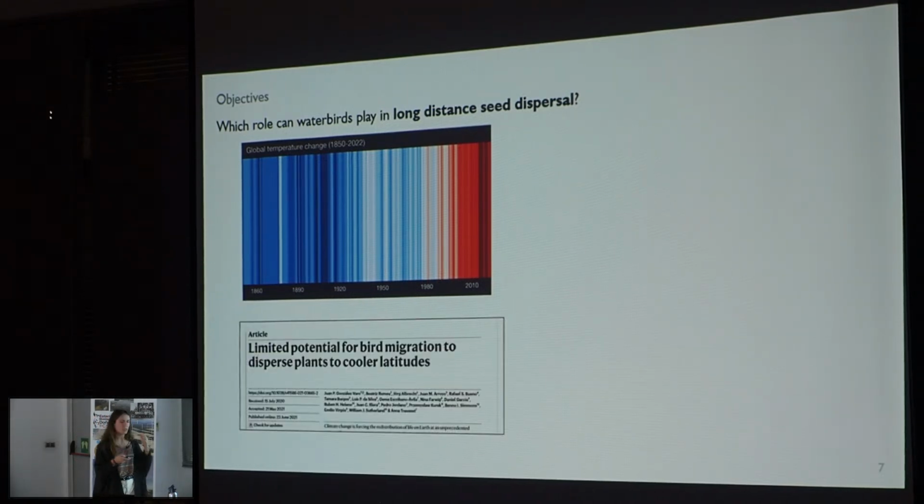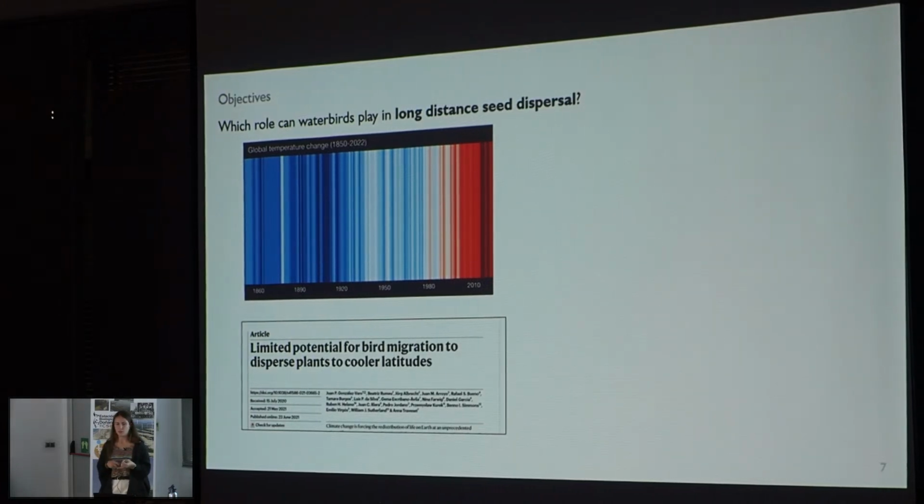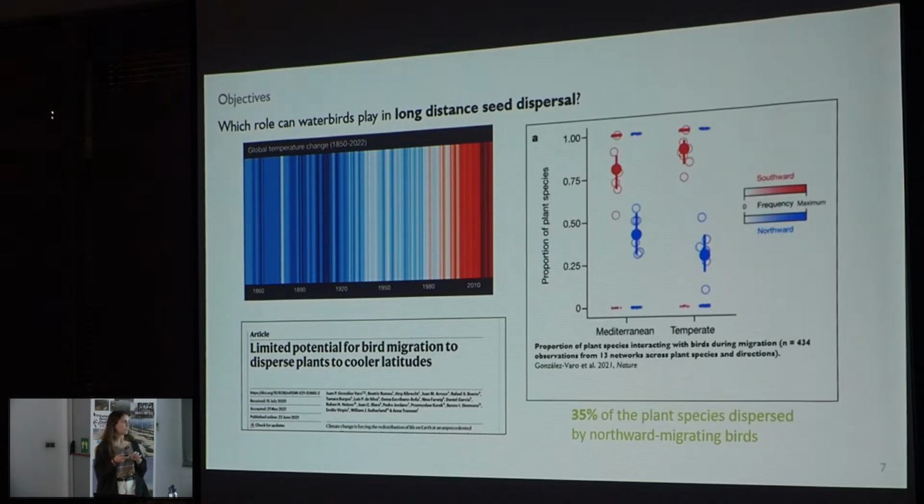This was addressed for fleshy-fruited plants and frugivorous birds in this cool study by González-Varo and colleagues, and they found that only 35% of the plant species were being dispersed by northward migrating birds in Europe. And as you know, in Europe, birds migrate to cooler latitudes with this northward migration in spring, and the fruiting peak for Mediterranean and temperate species is mostly in autumn.